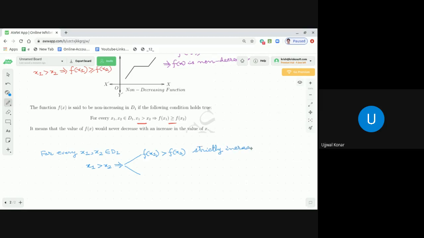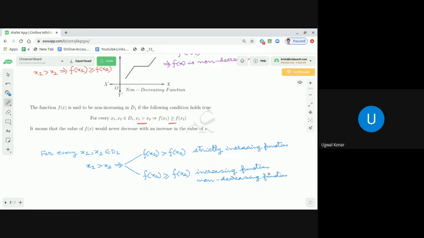Strictly increasing function. And if you see that f(x1) is greater than or equal to f(x2), then we can say either that it is an increasing function, or the non-decreasing function.